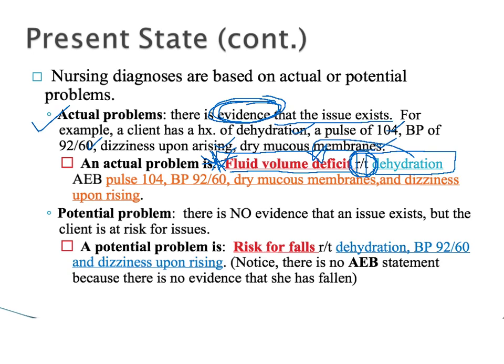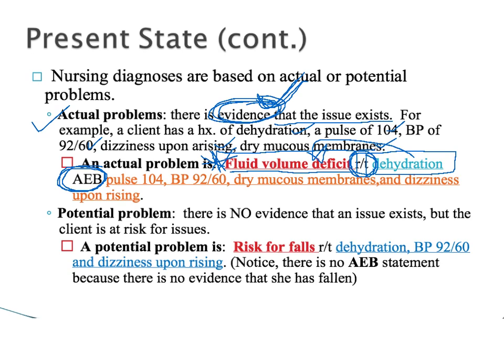The next piece, the next connecting piece that should be in your nursing diagnosis are the words as evidenced by, and you can also abbreviate that as AEB, but it stands for as evidenced by, okay? And then you write down the evidence. Remember, we said an actual nursing diagnosis, right up here, has to have evidence that an issue exists.